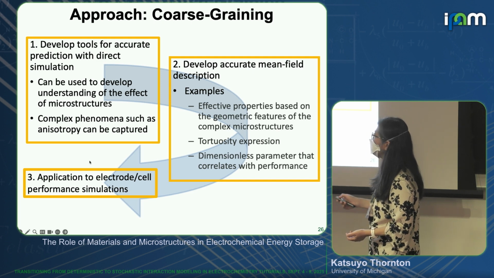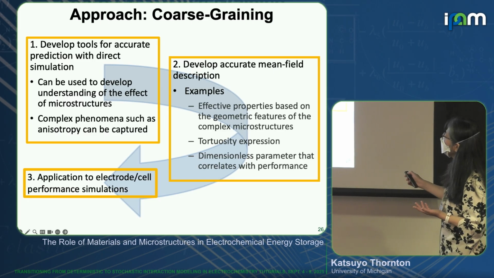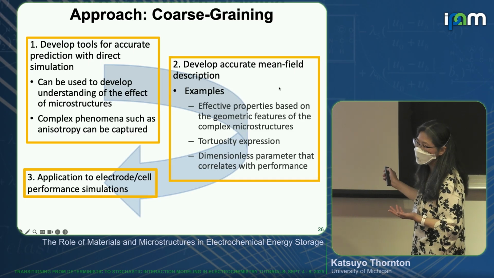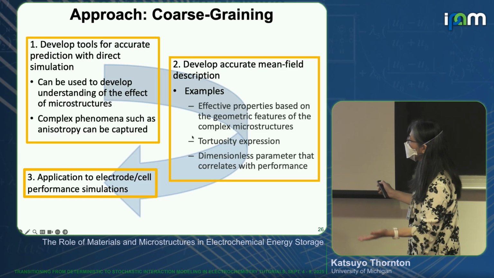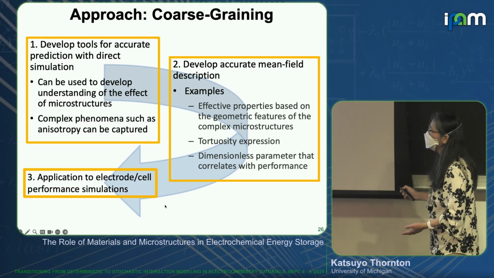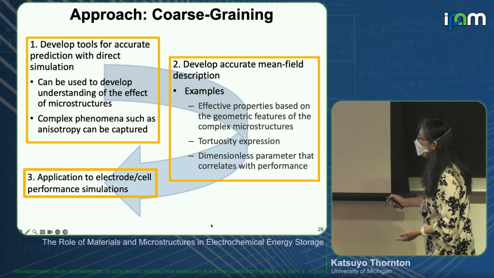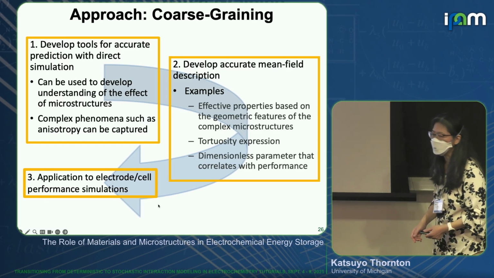You can also include things like anisotropy in the system. And then we have to come up with mean field descriptions that are accurate and capture some of the things we find out here. I hope to give you a little bit of an example of that, and then eventually apply it to electrode and cell performance simulations.